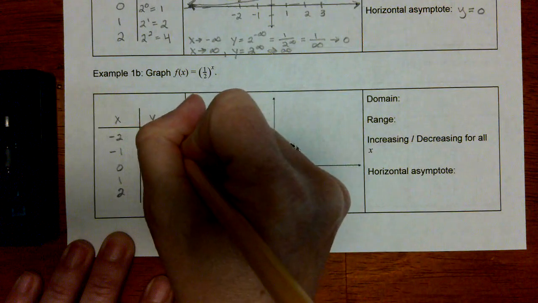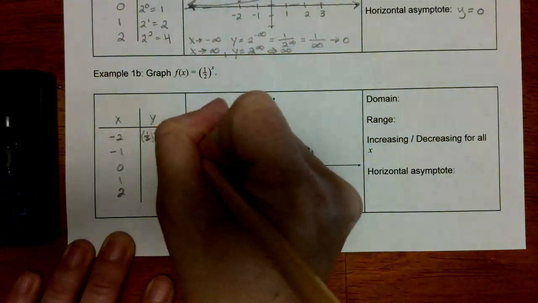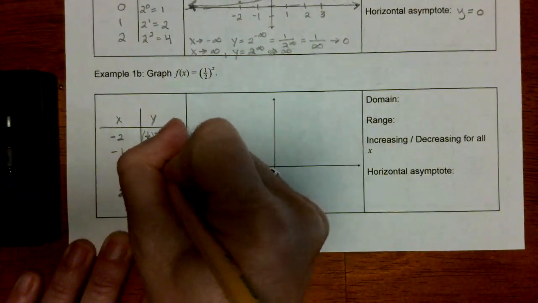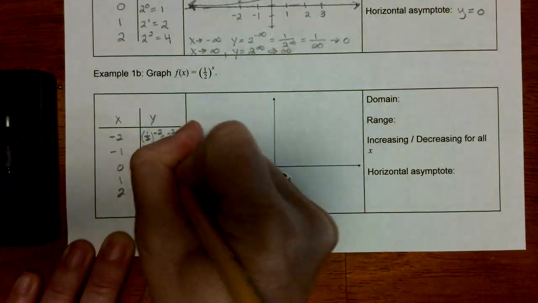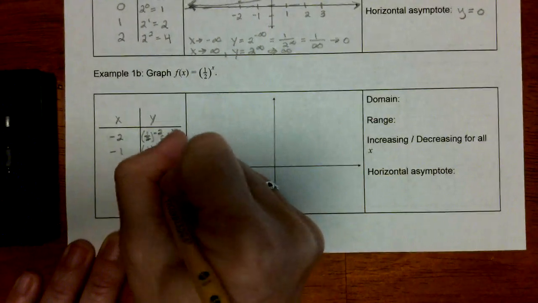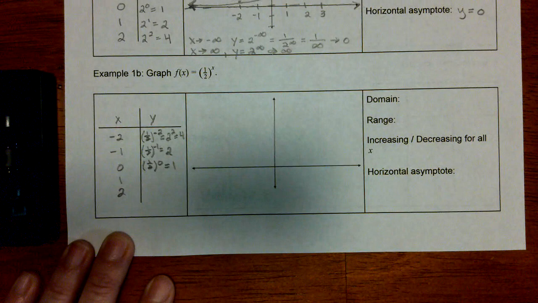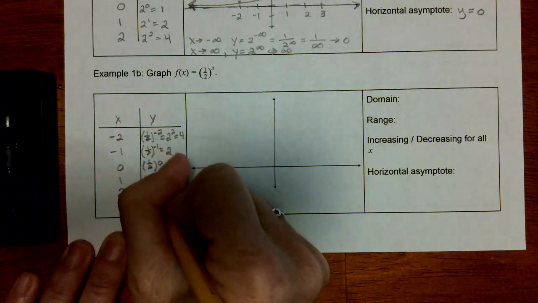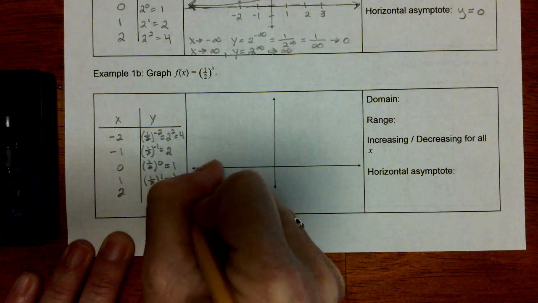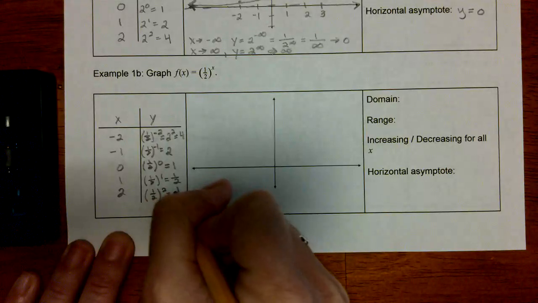I recognize that is the reciprocal to a positive, 2 squared, so this becomes 4. 1/2 to the -1 is 2. 1/2 to the 0 power is 1. 1/2 to the first is 1/2. And 1/2 to the second is 1/4.